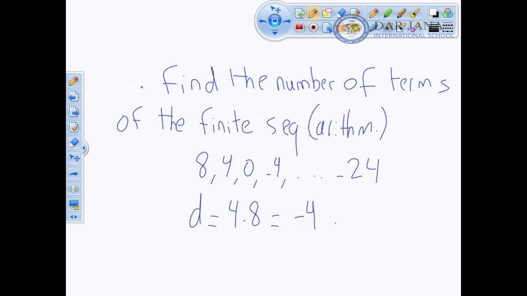Then I need to find the number of terms, which is n. So an is equal a1 plus n minus 1 times d.